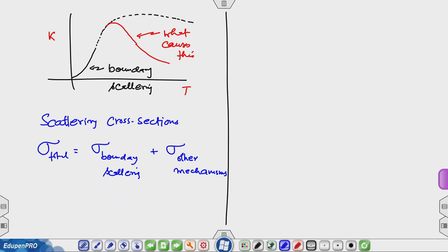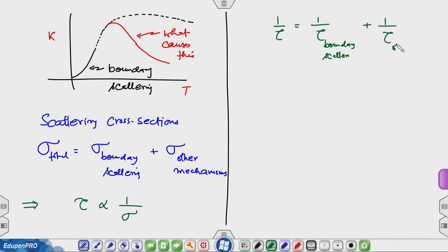And this also immediately implies that tau, the collision time being inversely proportional to the scattering cross section, you have 1 over tau is equal to 1 over tau boundary scattering plus 1 over tau other mechanisms.